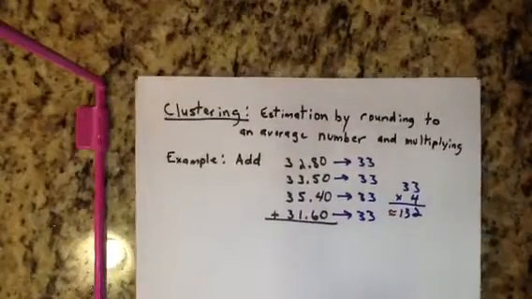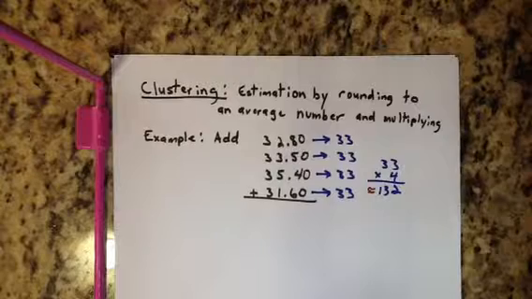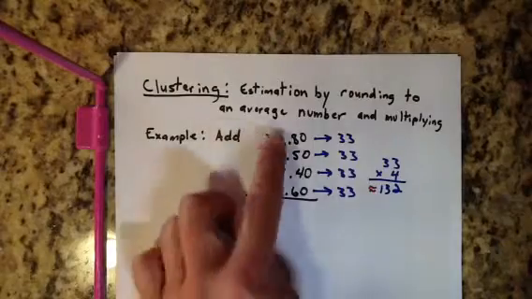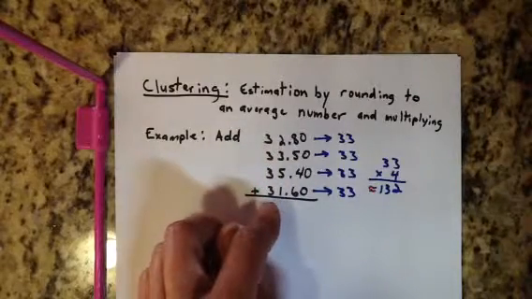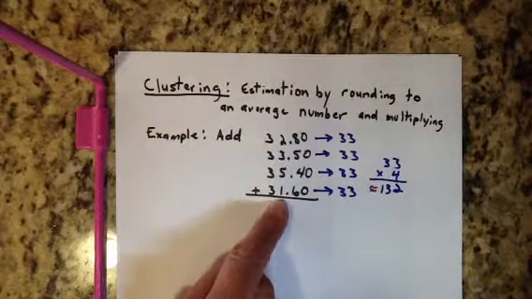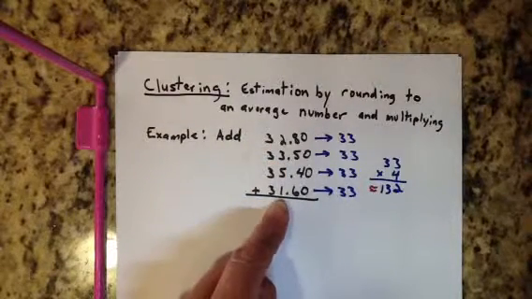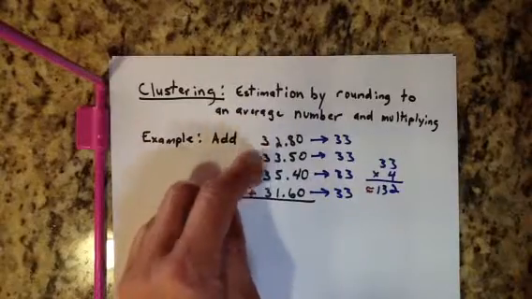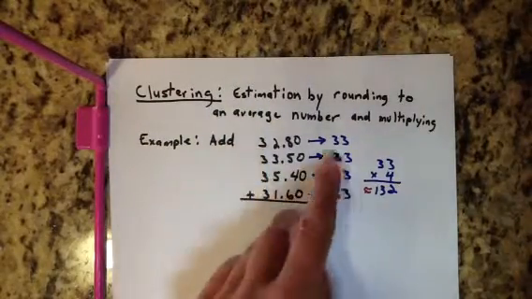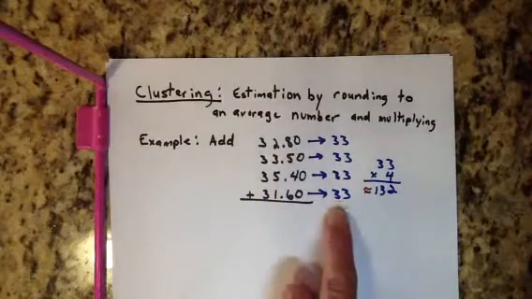Another example is called clustering. Basically, let's say that we have 4 numbers we need to add, and the front ends of them are similar in value. So what we do is we find the average of these values, and that would be maybe about 33.